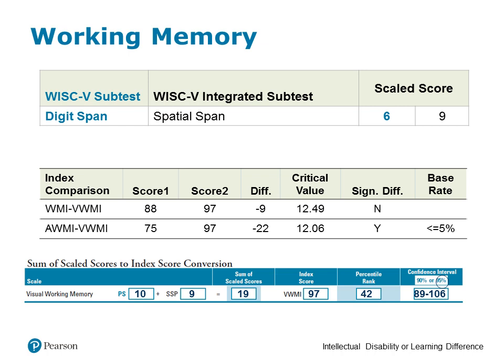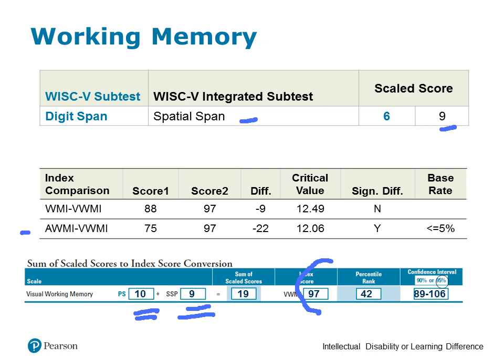So we administered spatial span. Notice his scale score of 9. And what we want to do is maybe compare auditory working memory and visual working memory. And visual working memory is based on the scale score on picture span and on spatial span, so one from WISC-V and one from WISC-V Integrated, and the index score of 97.